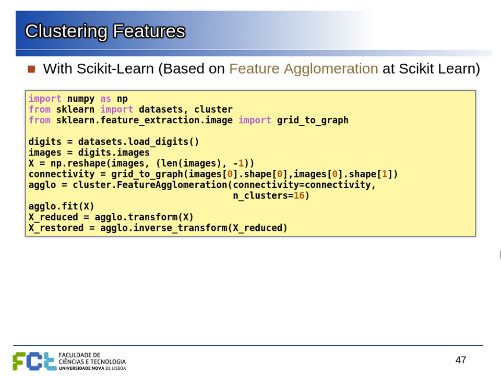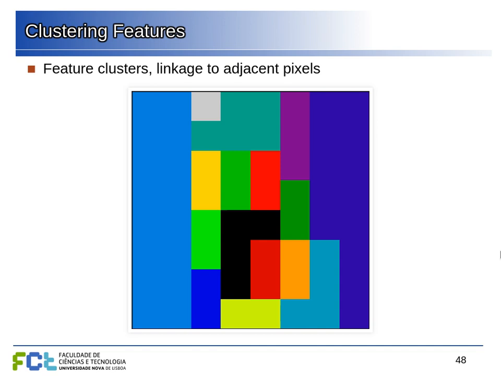So this connectivity constraint is what forces the agglomerative clustering algorithm to build clusters like this, and not just join some pixel here with some pixel here because they share similar values across the different numbers. So we are constraining the way the clusters are built by requiring linkage only between adjacent pixels in the image.